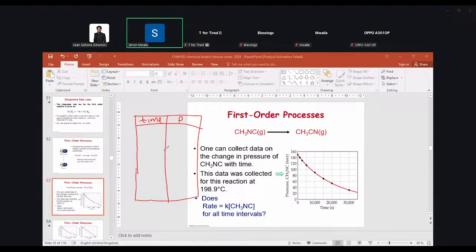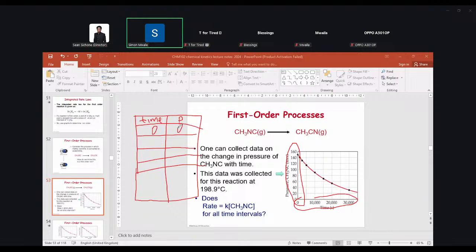So now you can have data like this. Then they extract this information that is in here. At time is equal to 0, for example, they will give you the pressure.